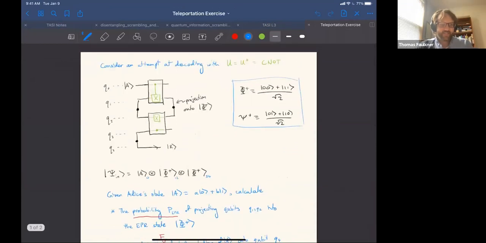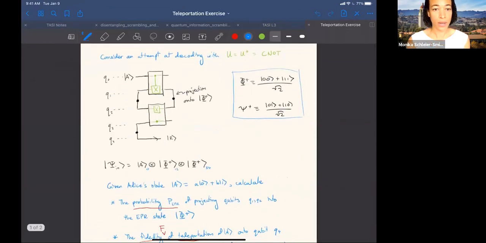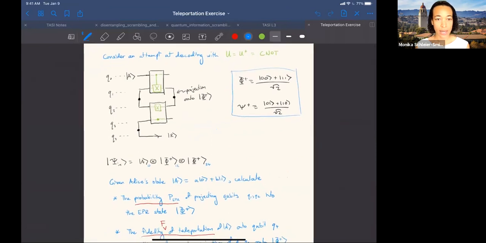Okay, great. We had been considering this circuit for decoding Hawking radiation. The basic concept was that Alice throws her qubit into this black hole here, which is represented by some unitary operator that should scramble if it's a black hole.